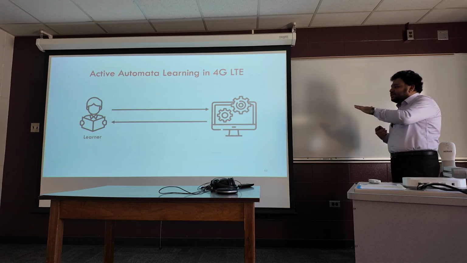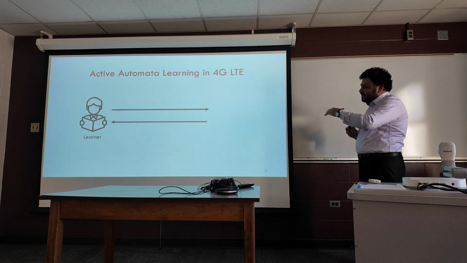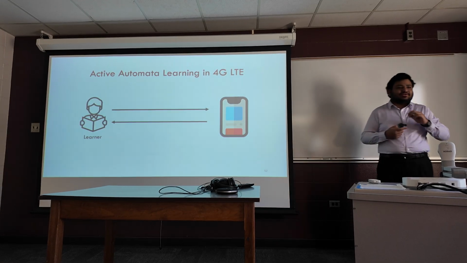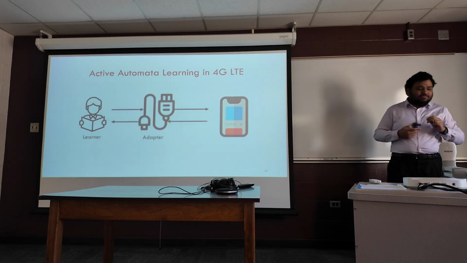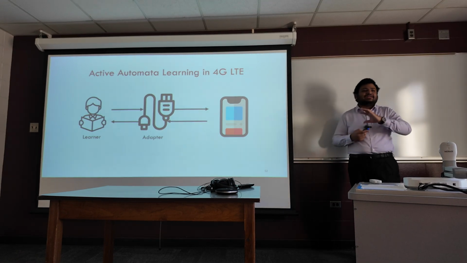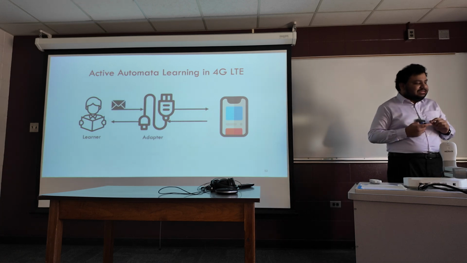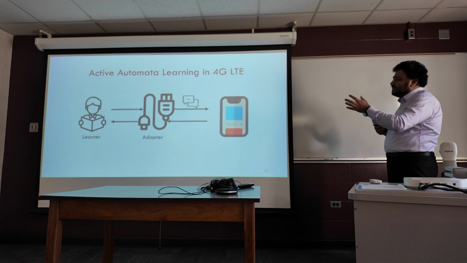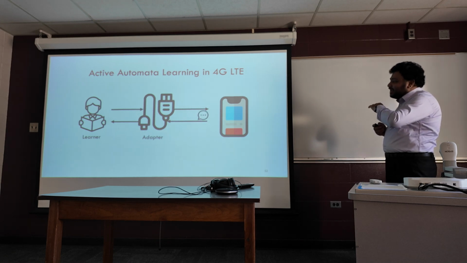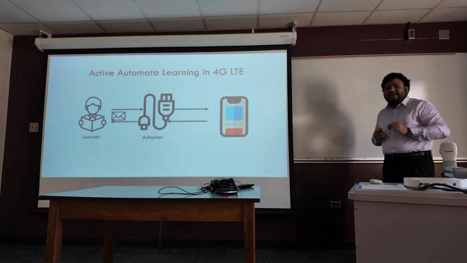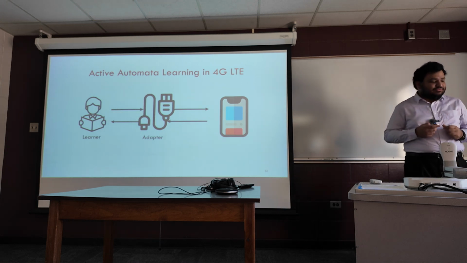Whenever you drop this abstract context, like an abstract device, and put in an actual smartphone, then life becomes a lot more complicated. The first complication is you have to create an adapter, which is a large engineering effort. What it does is it takes the abstract symbol from the learner and creates a concrete packet, and similarly gets the concrete packet from the device and creates the abstract learning symbol that we want to go with.